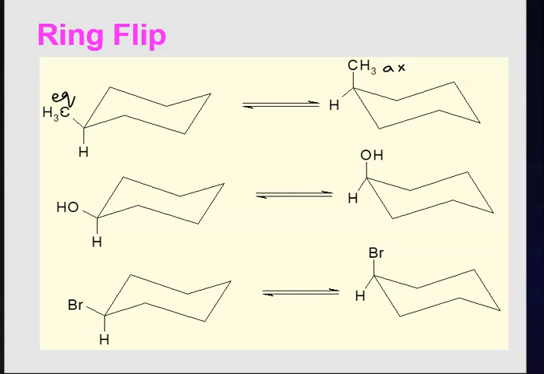But it was pointing up, it still points up. That is important. The second extra example was for the OH. Here OH is equatorial up, it becomes axial but still pointing up. Here bromine was equatorial up, same thing, bromine is axial.